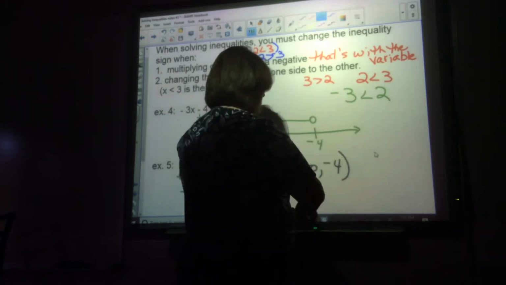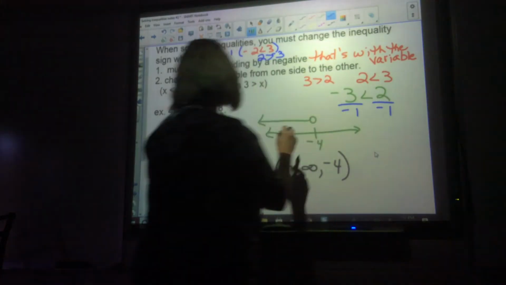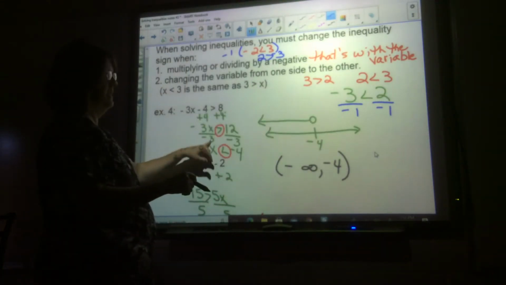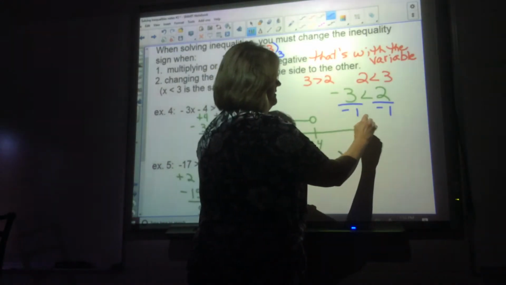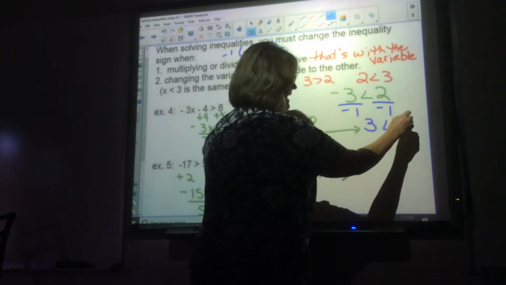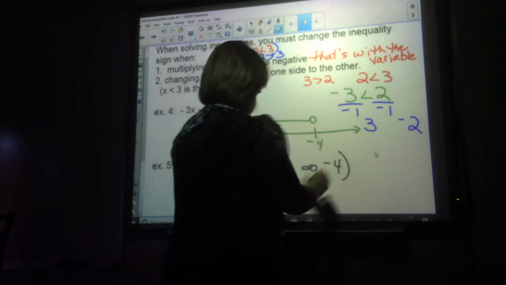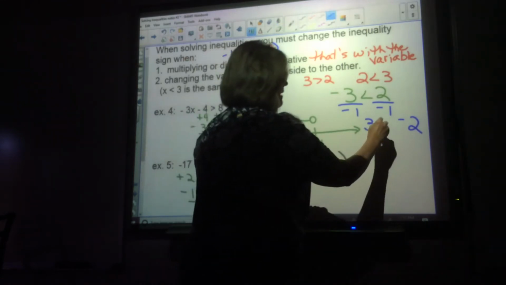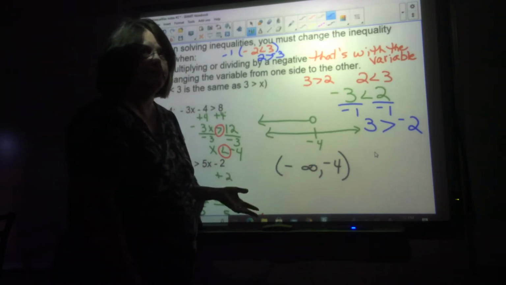If I divide by negative 1 on both sides, or divide by negative 3 on both sides, whatever it may be, 3 is not less than negative 2. That's not correct. 3 is greater than negative 2. That's why we must flip that inequality sign, because our statement still has to be true.